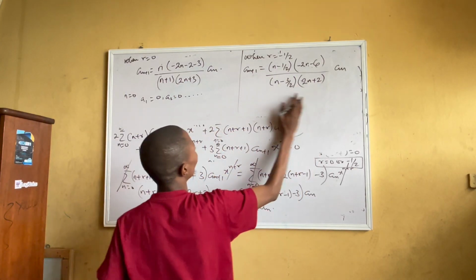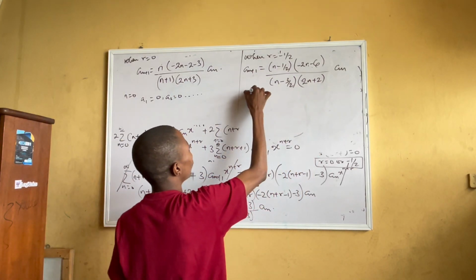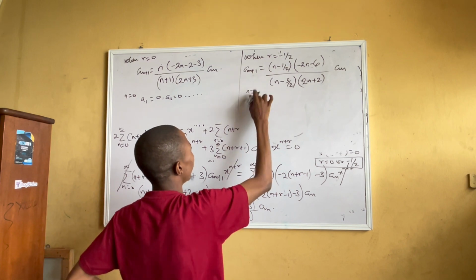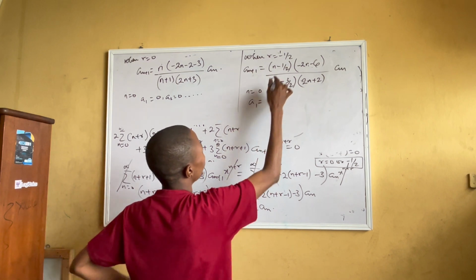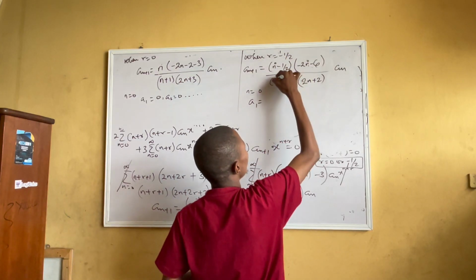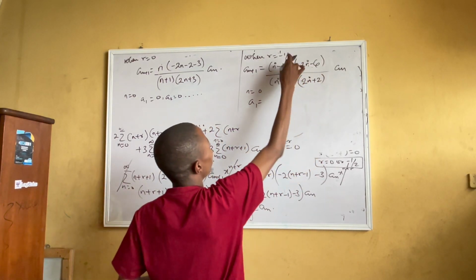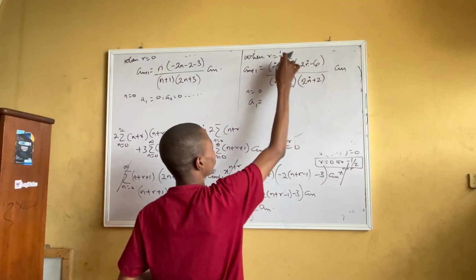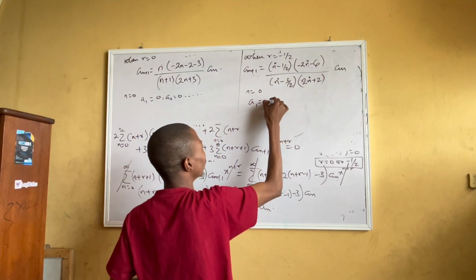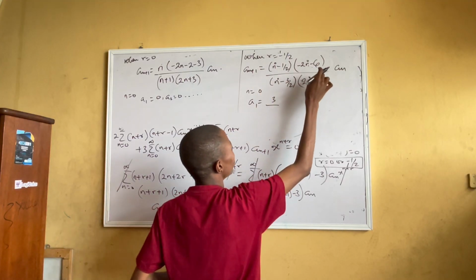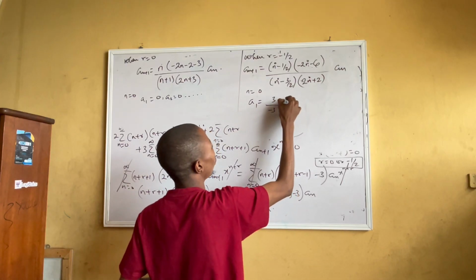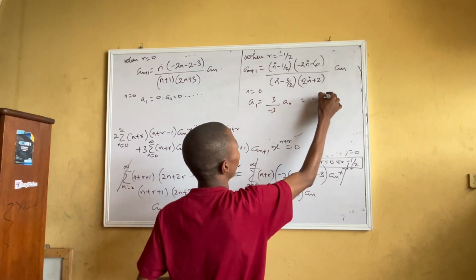I think this one will survive. So for n equals 0, A1 will be, if you put 0 here, 0 here, 0 here, 0 here, this will be minus half times minus 6. That is 3. Minus 3 over 2 times 2, minus 3 of A0. That will be minus A0.